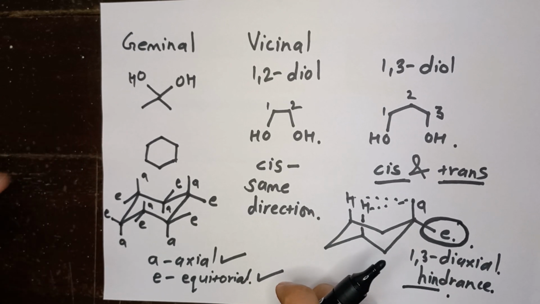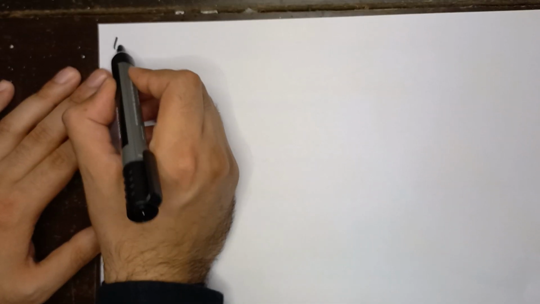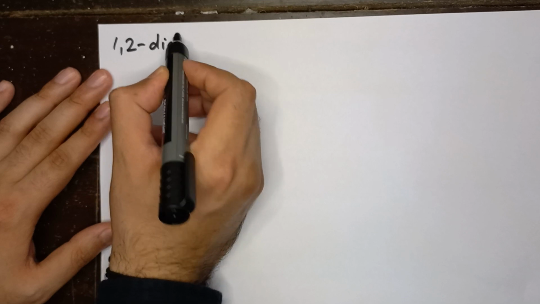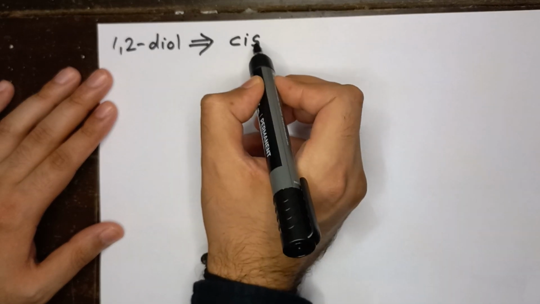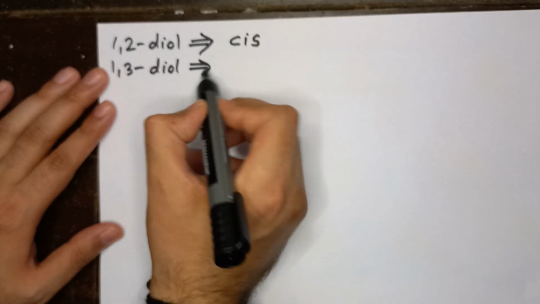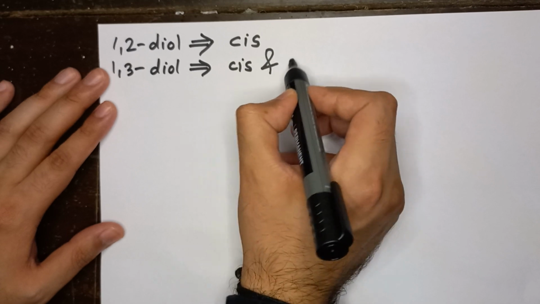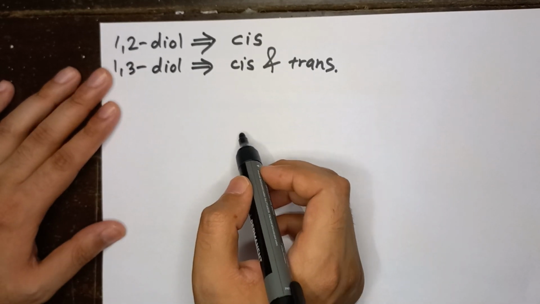So now let's move forward. Okay, so remember 1,2 diol can only be protected when they are in cis fashion, and 1,3 diol can be protected in both cis and trans. So I'm giving you some questions.